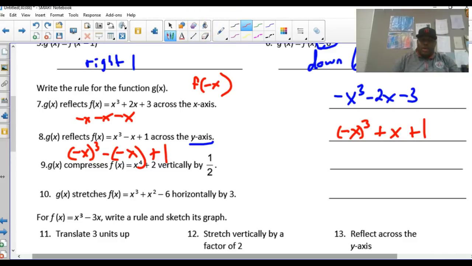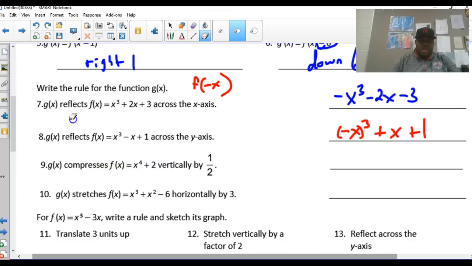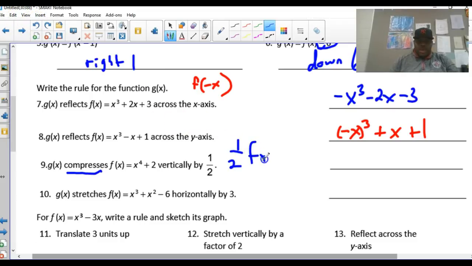Now let's look at the next one. We have x to the 4th plus 2, compressed vertically by 1/2. So what does that mean? You take f of x and multiply by 1/2, which means the 1/2 goes outside.